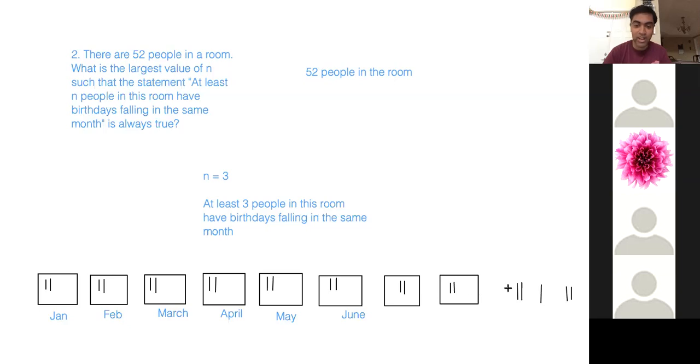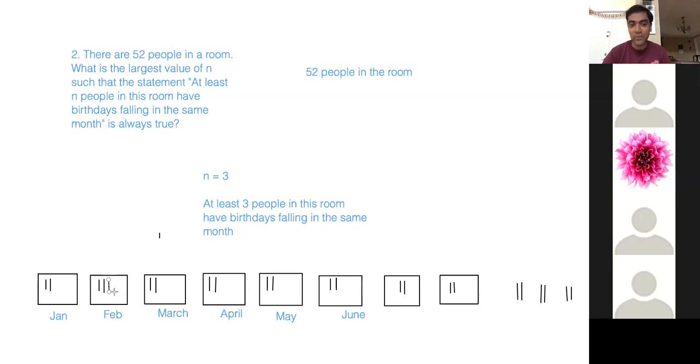Sorry, I didn't write in all the other months, but each of them has 2. So there's 24 people. Now this statement is not true, right? At least 3 people in the room have birthdays falling in the same month. In the worst case, I only have 2 people in each month and 24 people. But when I add this 25th person, they have to go into one of these months, and there have to then be 3 people in the same month.